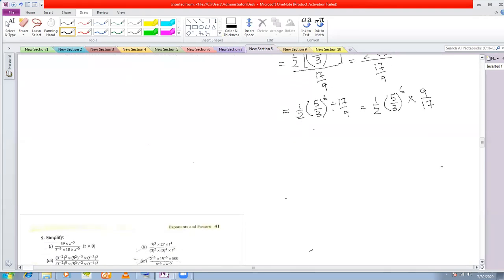Next, half, let's say, write this as 5 to the power of 6 by 3 to the power of 6 into 9 can be written as 3 square, and this 17 remains as it is. Now this is a to the power of m by a to the power of n. So half into 5 to the power of 6 remains as it is into 3 to the power of 2 minus 6 into 1 by 17.